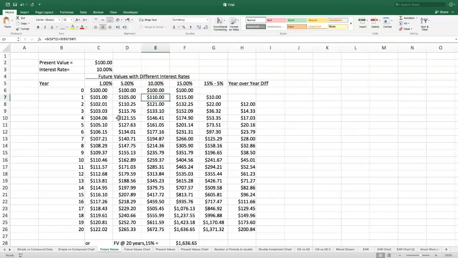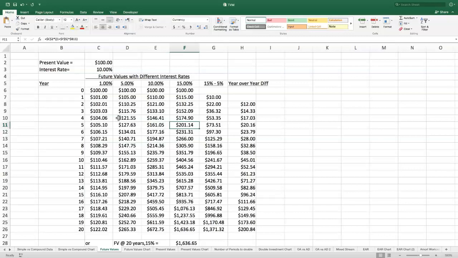If we had 10% interest per year, the future value after 1 year would be $110, and so on. Now let's look at what happens at year 5. At year 5, the future value at 1% is $105.10. The future value after 5 years at 5% compounded interest is $127. At 10% at 5 years, that's $161. And 15%, that is $201.